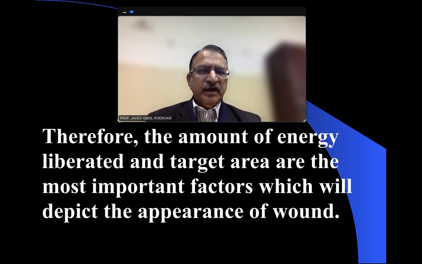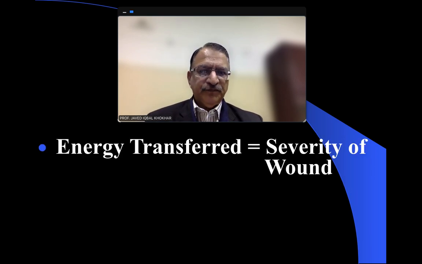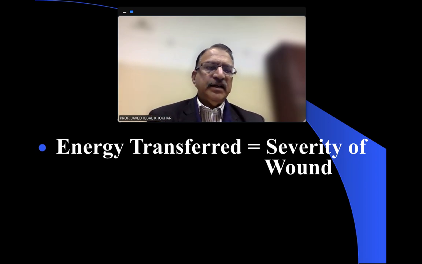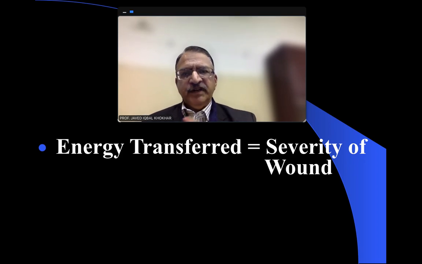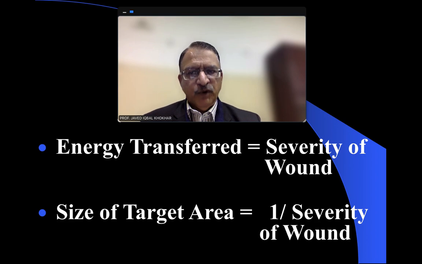The amount of energy liberated and the target area are the important factors and they change the appearance of the wound. So energy transfer is directly proportional to the severity of the wound. That means if the energy transferred is much more, the damage will be more.